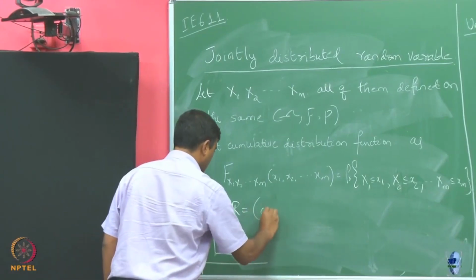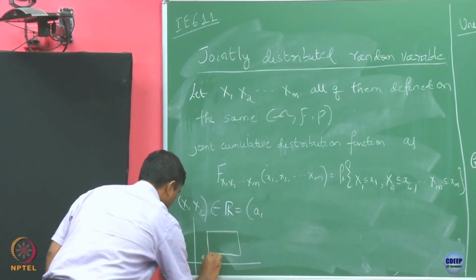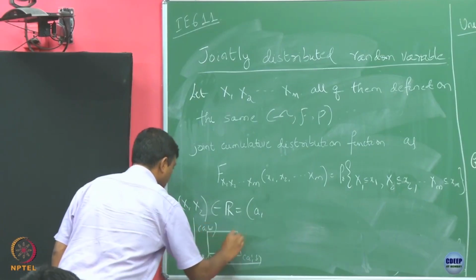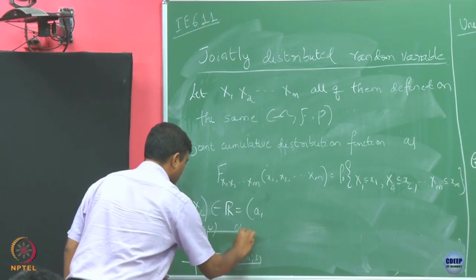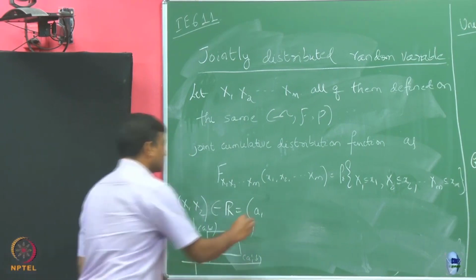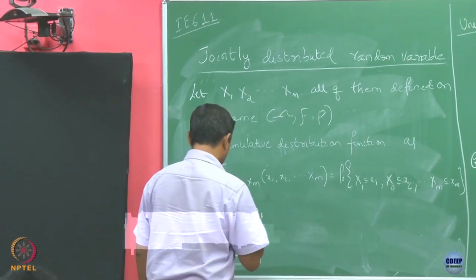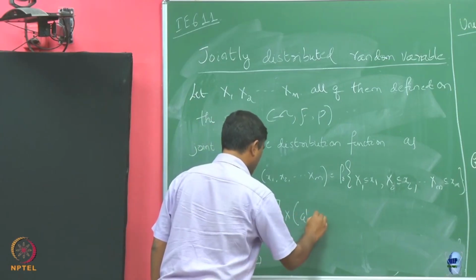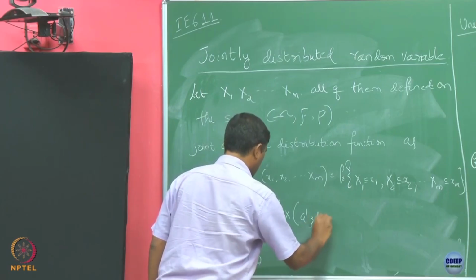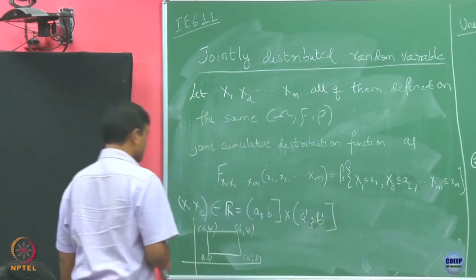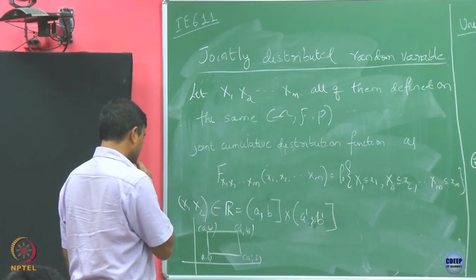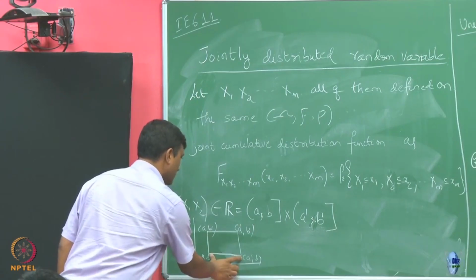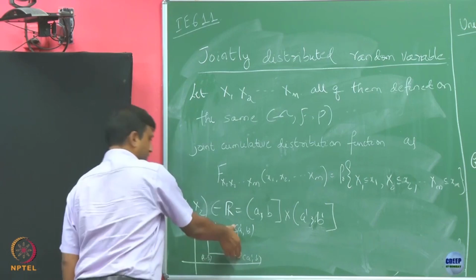Let us call these corners A B, A prime B, A B prime, and A prime B prime. So this is going to be the interval A to A prime, and then this interval B to B prime.